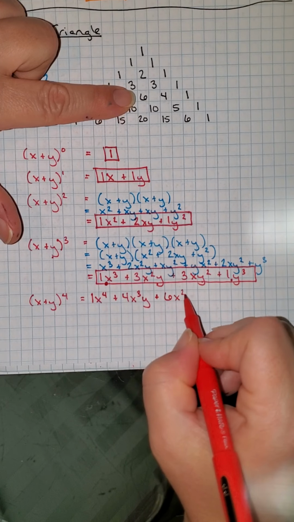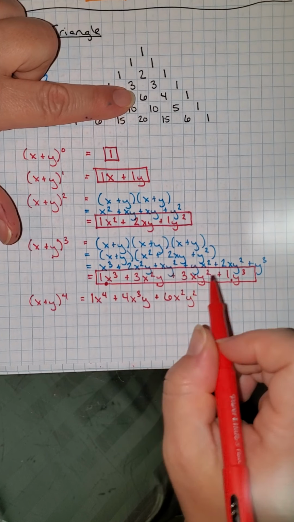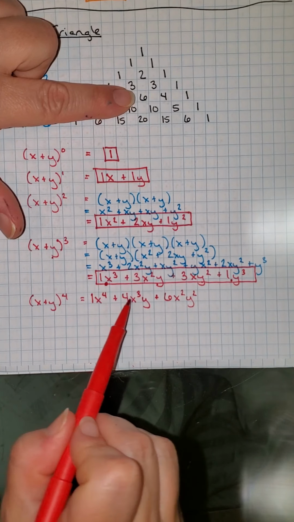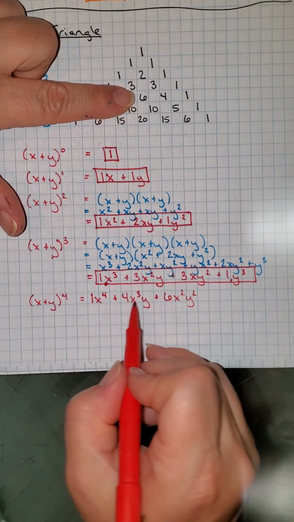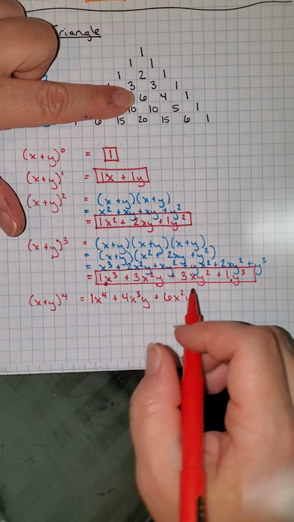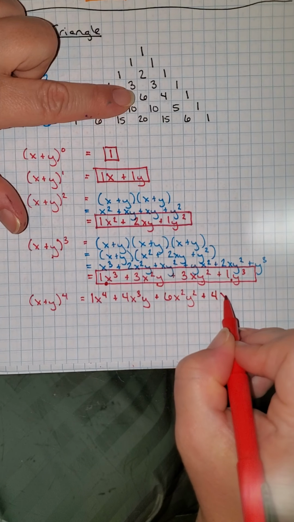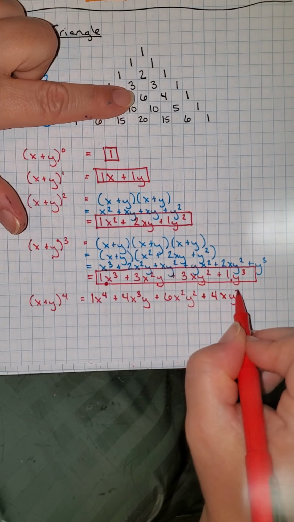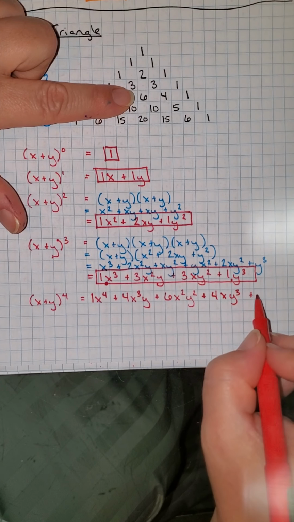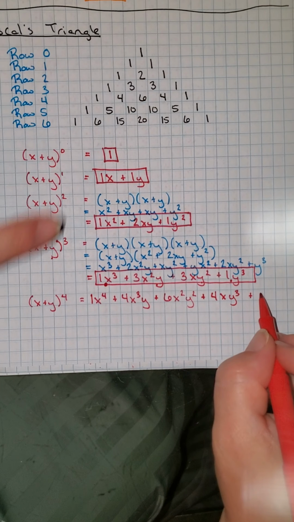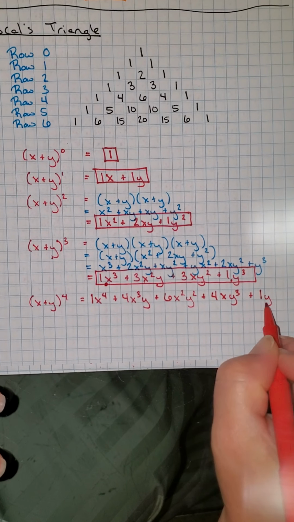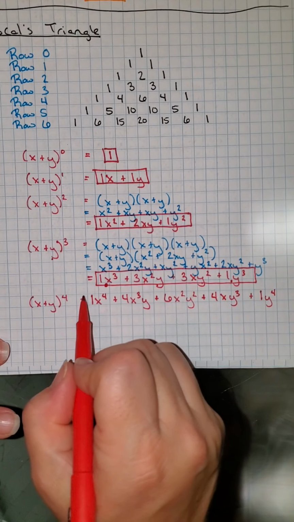X goes down to 2, y goes up to 2. Also, the powers always add to 4. So 3 plus 1 is 4, 2 plus 2 is 4. So many patterns. Plus 4, x goes down to 1, y goes up to 3. And then your last coefficient, of course, is 1. X is now gone, and y is to the fourth.